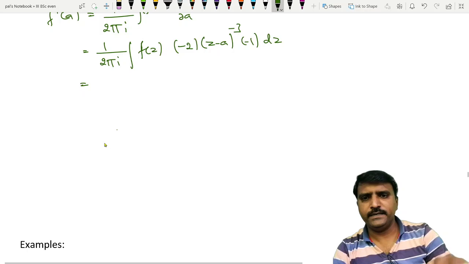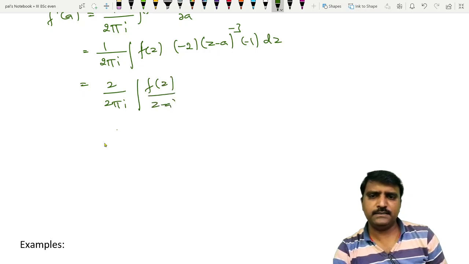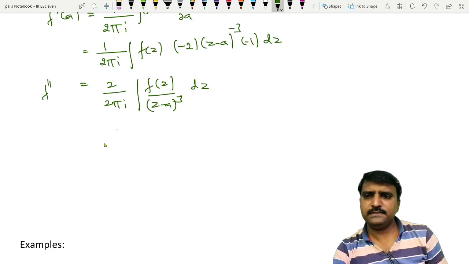You see this minus of minus becomes plus, so you can write it as 2 by 2 pi i into integration of f of z by z minus a to the power 3 dz. This is f double dash of a.